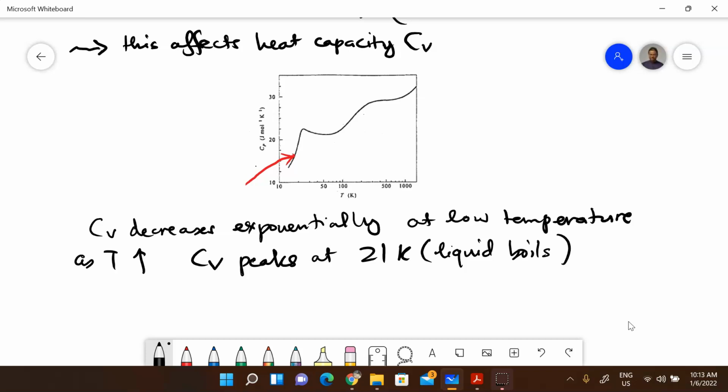And then that drops to, what was it, 20 joule per mole per Kelvin, which is around here.